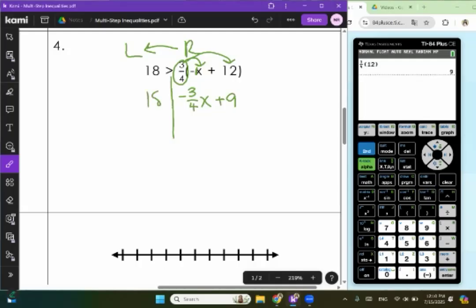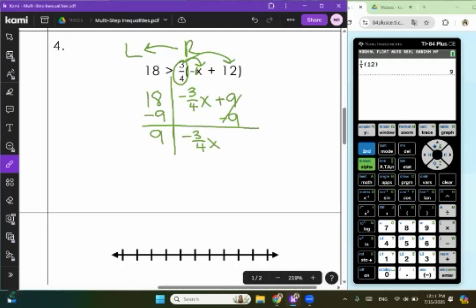Bring down the 18. Opposite of +9 is -9. 18 minus 9 is still 9, -3x.